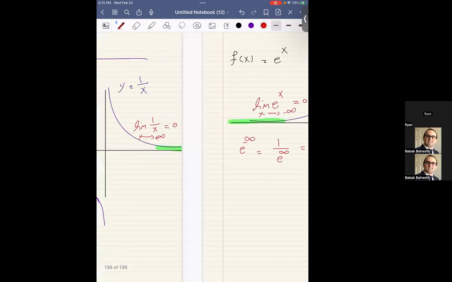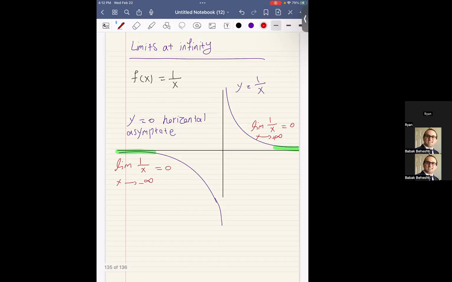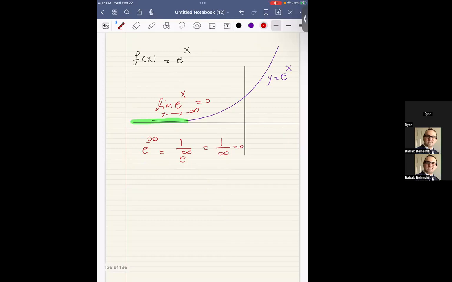In the previous example, we saw that 1 over infinity is 0. And here you have e to the power minus infinity, which is 1 over e to the power infinity. E to the power infinity is again infinity. Imagine a very large number, like 100. E to the power 100 is a very, very large number, even bigger than 100, of course.